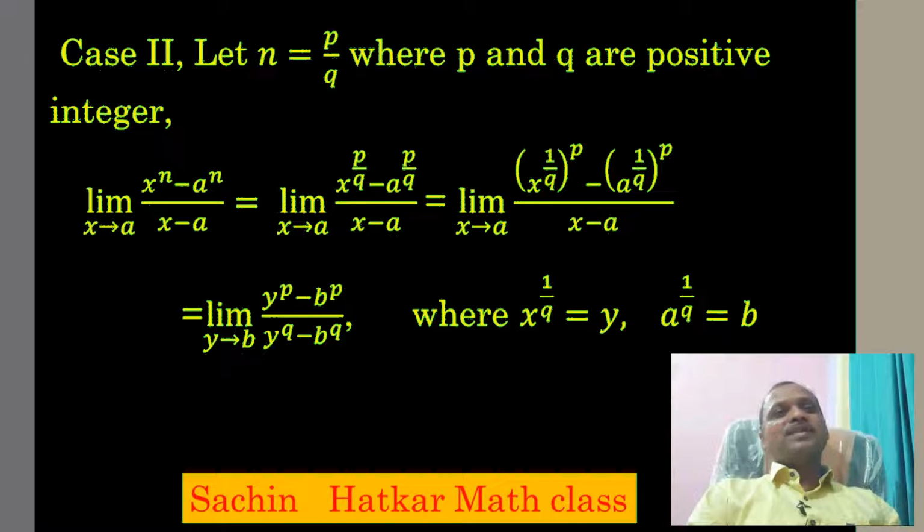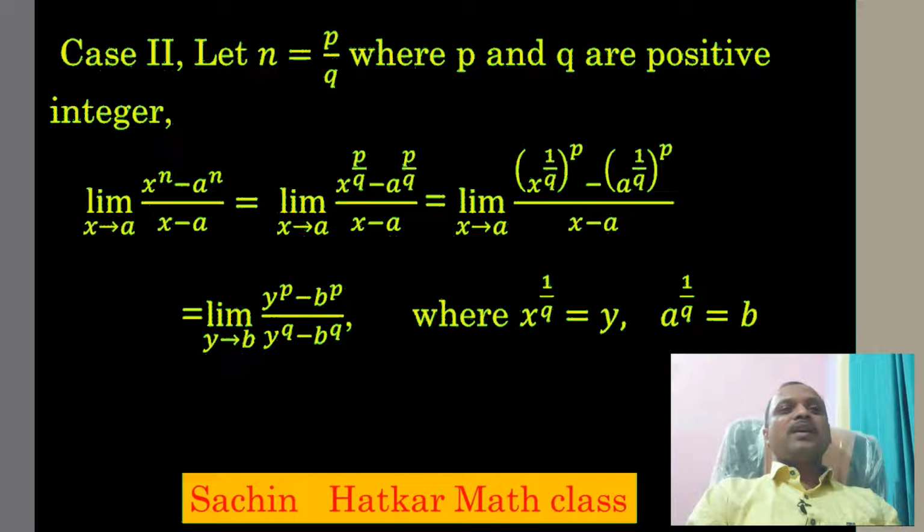Now, a small adjustment: we write the power x raised to p divided by q as x raised to 1 divided by q and whole raised to p. Similarly, a raised to 1 divided by q and whole raised to p.